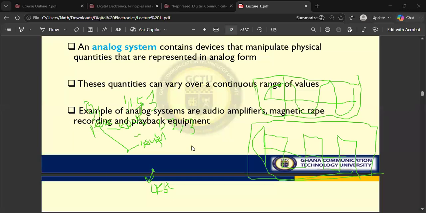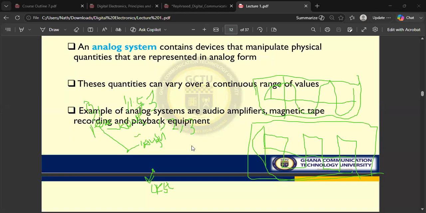Unlike analog systems, where you have to get a bulky system before it will function, something like our cathode ray tube. So they are less expensive compared to analog systems.